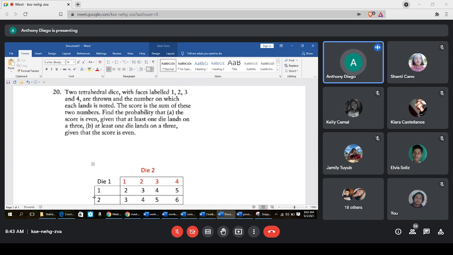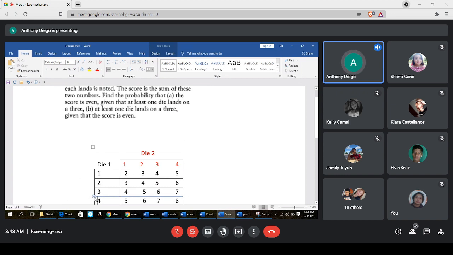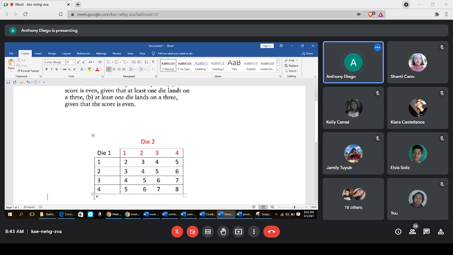So what type of probability is that? Find the probability that the score is even given that at least one die lands on a tree. Isn't it conditional probability? Yes, it is conditional probability indeed.